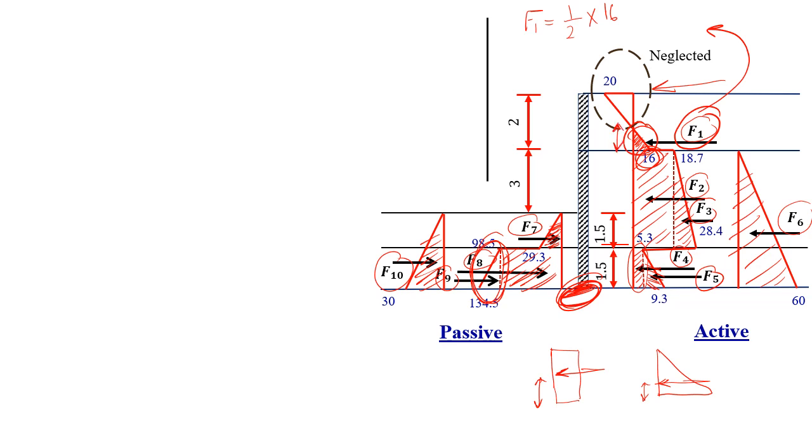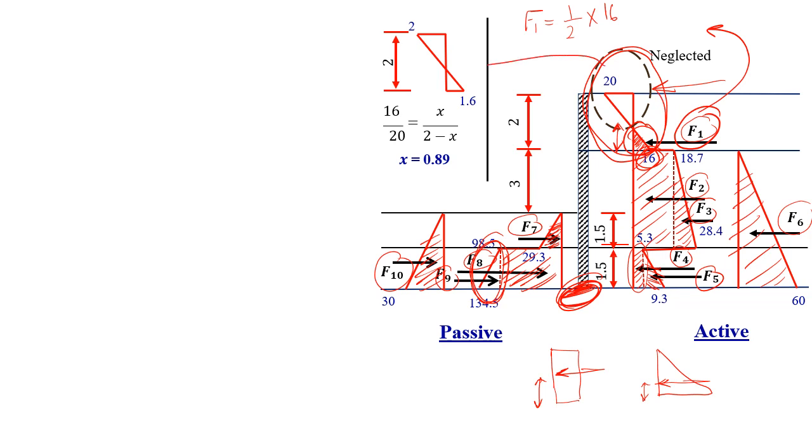So if you want to calculate this height, you will take this part of the problem, these two triangles here. You have the upper triangle, the ordinate here is 20 kilopascal, and the ordinate of the smaller triangle here is 16 kilopascal. So the upper triangle is 20, the lower triangle is 16. So we can use an equation, 16 over 20.